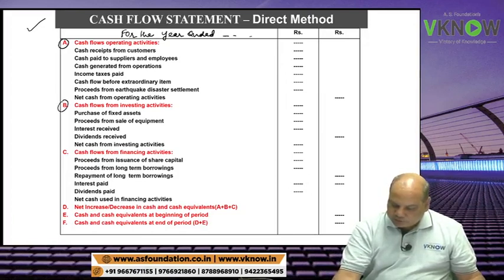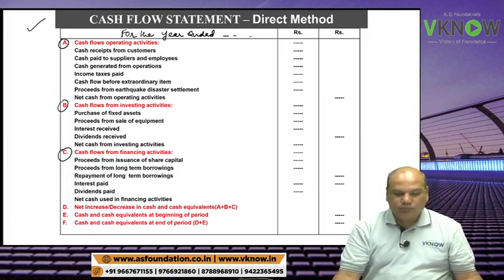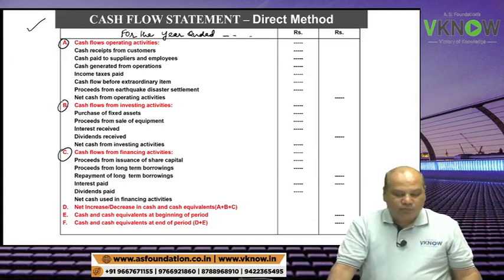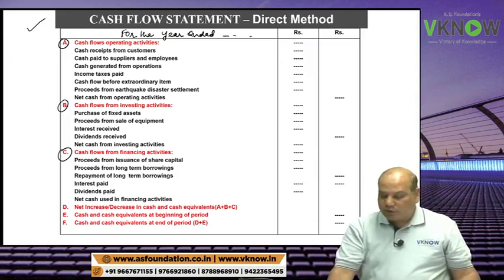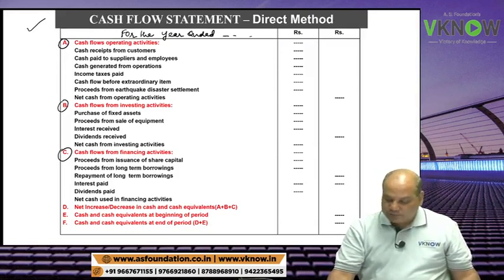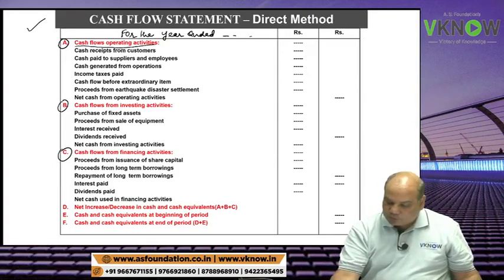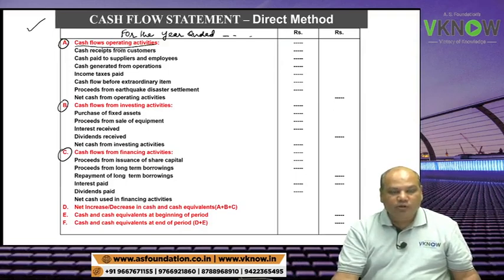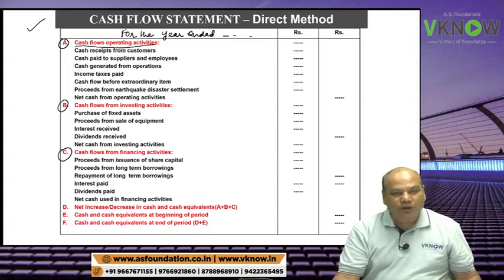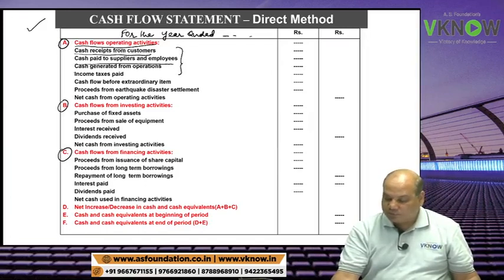You will divide this first into three parts, and in the same sequence we will write cash flow from operating activities. Under cash flow from operating activities, you will write directly the inflows and outflows related to day operating activities. Examples: cash receipt from customer, cash paid to suppliers and employees, cash generated from operation, less income tax paid.